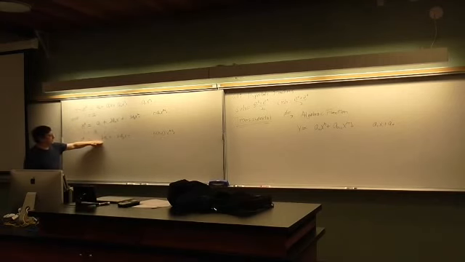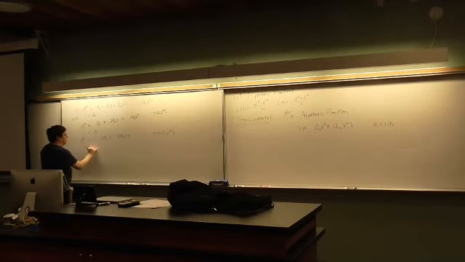So now we know that 2a2 is equal to 1, again, if we plug in 0. So a2 is equal to a half.